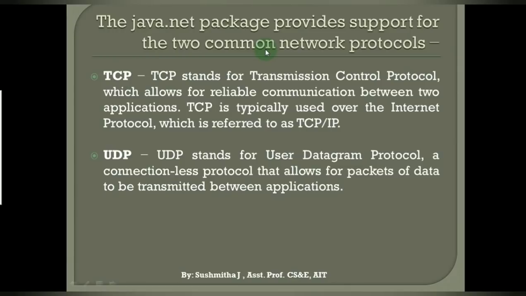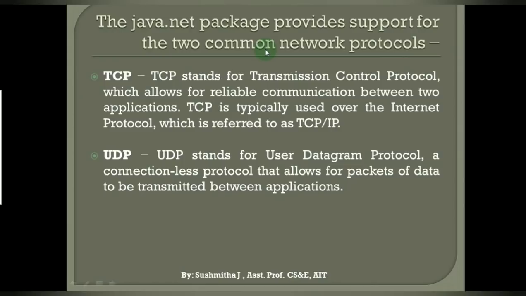The other one is UDP, the User Datagram Protocol, which is connectionless. We also call it unreliable, and there could be data loss. You have another experiment which demonstrates the UDP protocol as well.